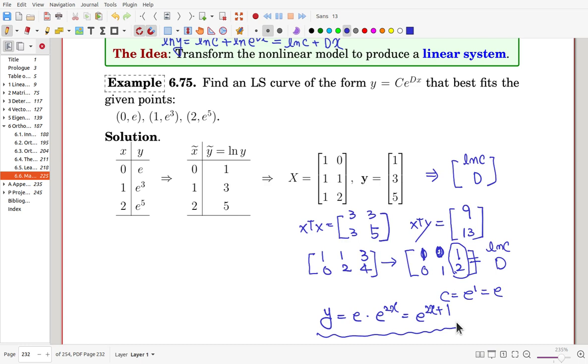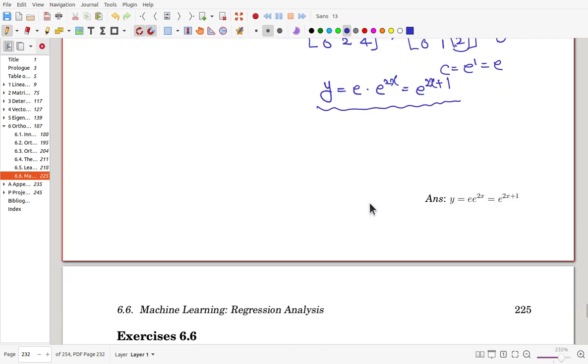However, the way of solving the problem is to get the normal equation and then solve it, and that gives the least squares solution. Here we followed exactly this idea and solved one nonlinear model. Okay, that's the end of the section. Thank you.